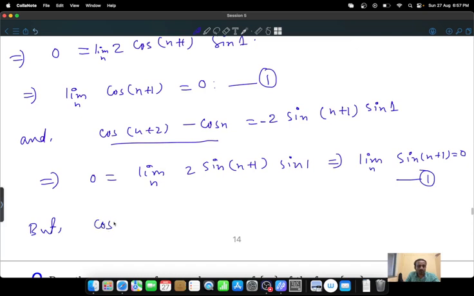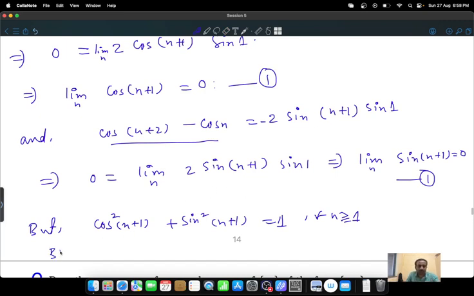But you know that cos²(n+1) + sin²(n+1) equals 1, and this is true for all n greater or equal to 1. By taking the limit, you get the left-hand side 1, but the right-hand side should be 0, because both of them converge to 0, so their squares also converge to 0.